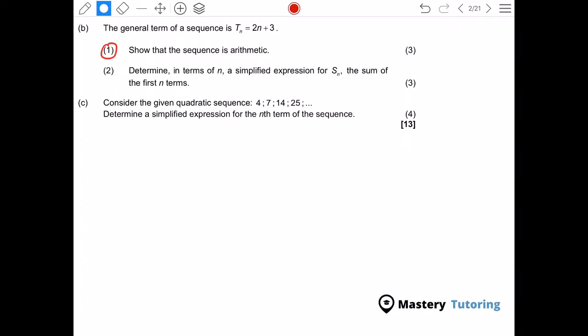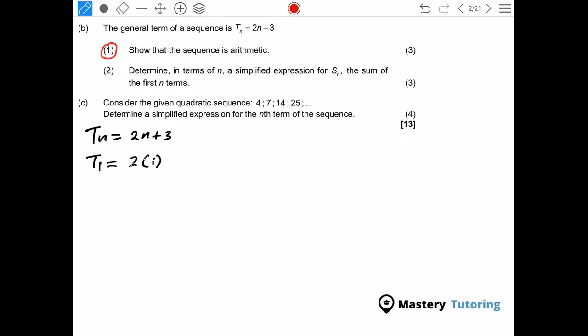When you calculate the common difference, you need to know your first term, your second term, and your third term. You need to know at least 3 terms in order to do so. So let us calculate the first 3 terms. We use the formula given to us, Tn equals 2n plus 3. For term number 1, where there's n, we substitute 1.